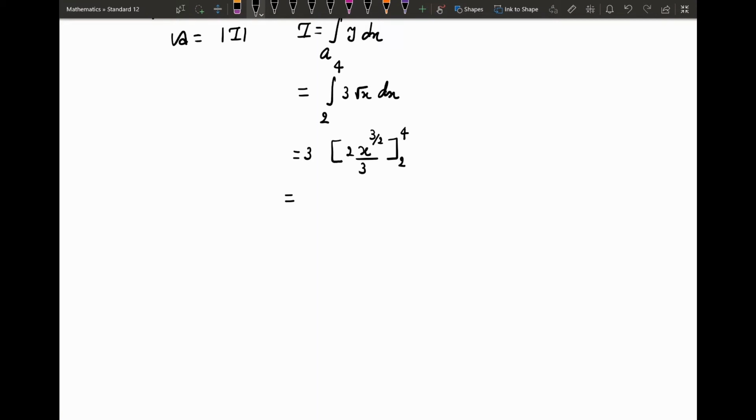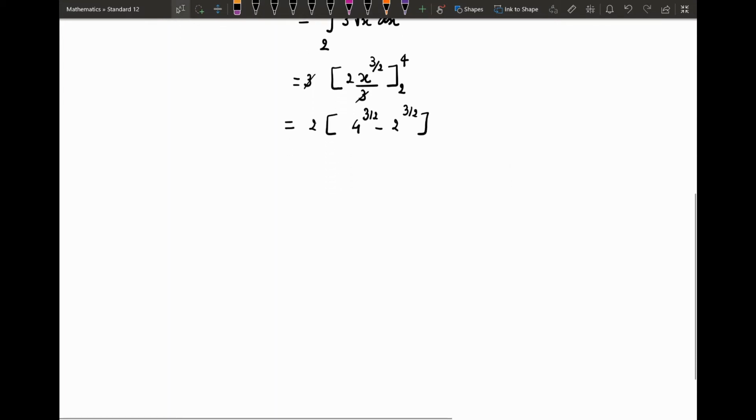So we can cancel this thing. 2, first put upper limit 4 raised to 3 by 2 minus lower limit 2 raised to 3 by 2.